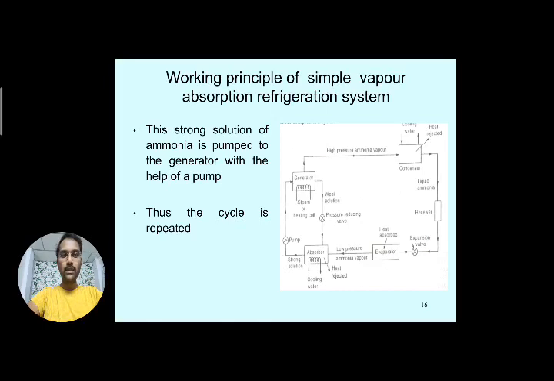Replacing the compressor, using the generator and absorber components, we get the high pressure ammonia vapors, and the cycle repeats again and again. The remaining components are the same: the condenser, the receiver tank, the expansion valve, and the evaporator. Their functions are the same.